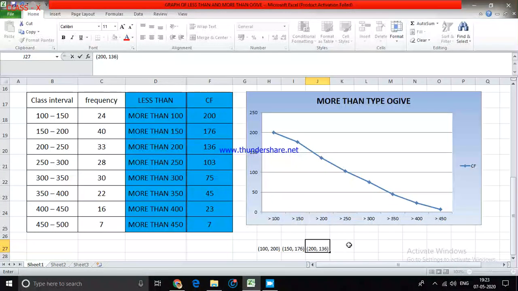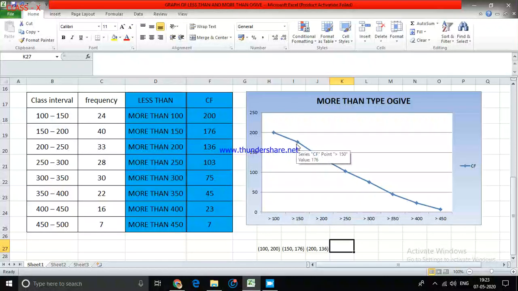Okay, and it goes on. So see, second point is 150, 176. So this is 150, and the corresponding 176 is here. Next, third point is 200 comma 136. 200 is here and 136 is here.